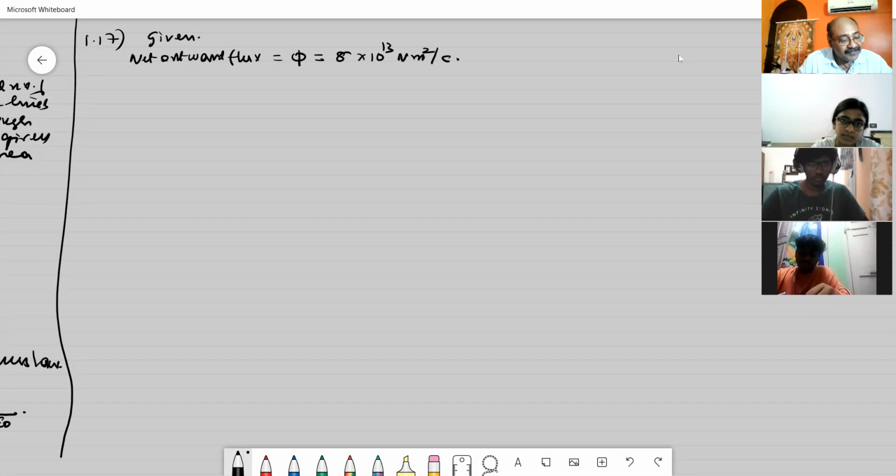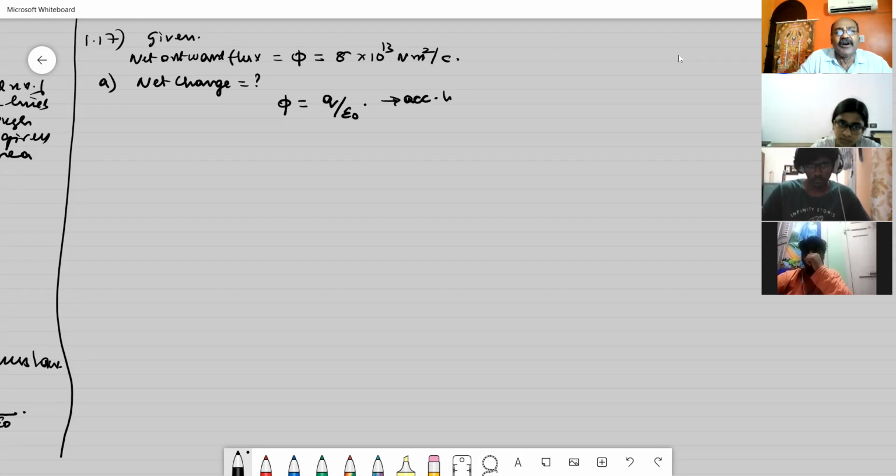What is asked? What is the net charge inside the box? That is the first question asked. So you are asked to calculate the net charge available. According to Gauss law, flux phi is equal to Q divided by epsilon 0. If that is the case, I can calculate the value of Q.